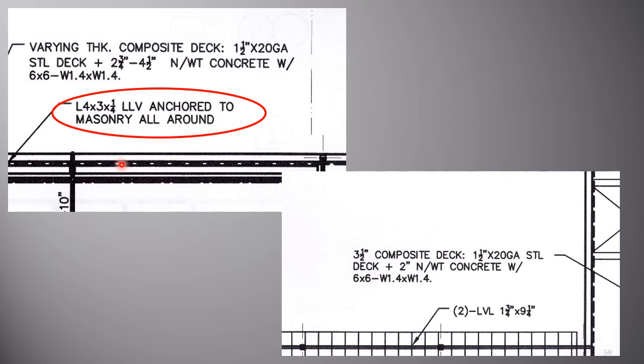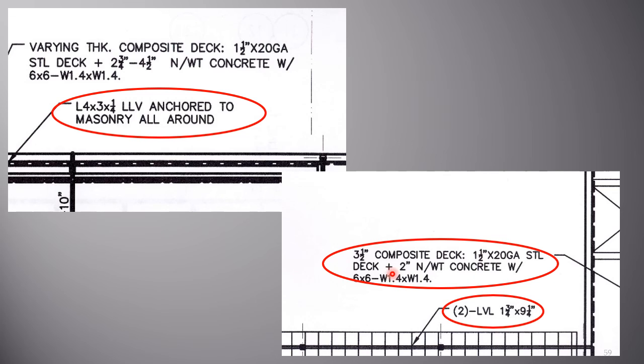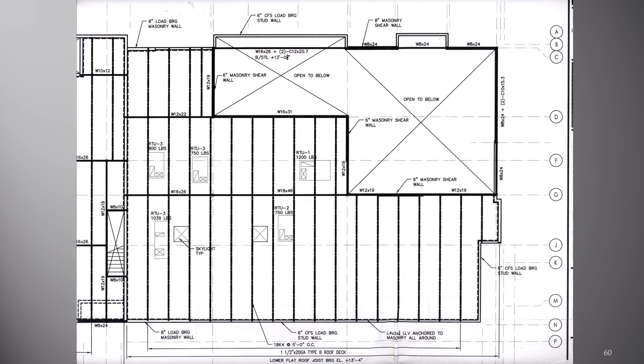Showing you a closer view of it, here's the LVL. This is a laminated veneer lumber, and it's produced by gluing together dried wood veneers that are about 1/8 of an inch thick. They are glued together under heat and pressure to create what we call engineered wood. And here again is the call out for the composite deck.